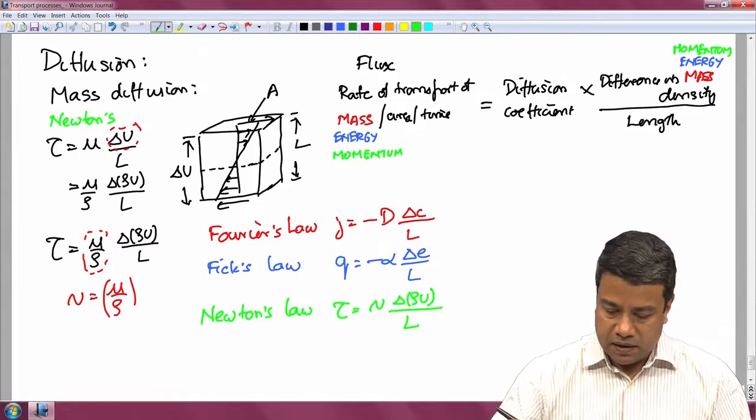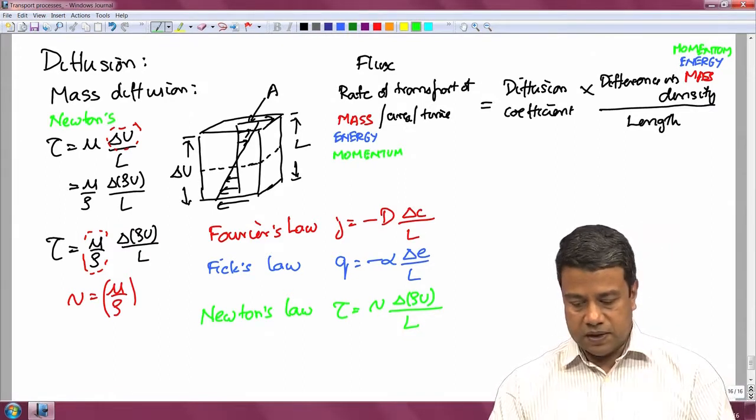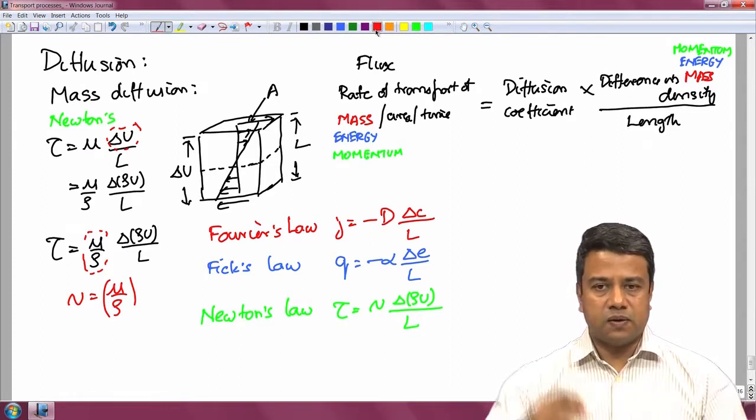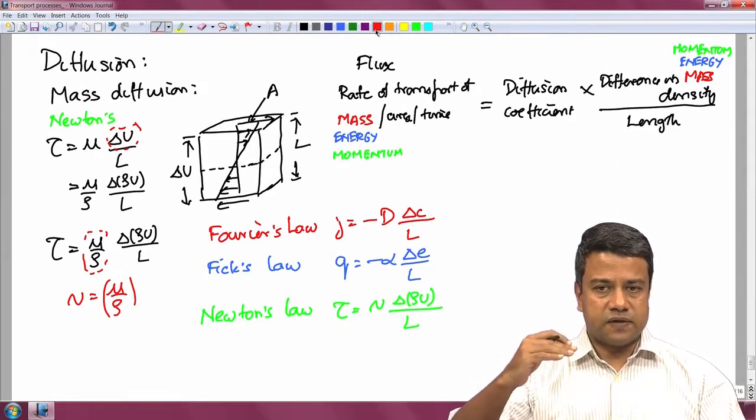Very often these are written in differential form. This kind of a relationship that we have here is valid only when you have a linear gradient across two surfaces in the fluid.